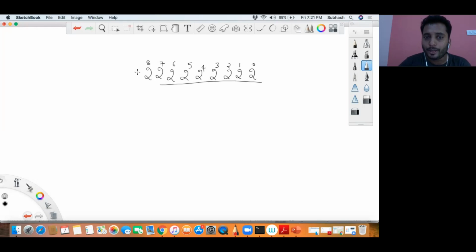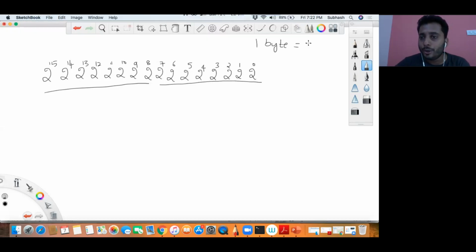2 power 8, 2 power 9, 2 power 10, 2 power 11, 2 power 12, 2 power 13, 2 power 14, and 2 power 15. This makes another byte. See, 0, 1, 2, 3, 4, 5, 6, 7, 8, 9, 10, 11, 12, 13, 14, 15. It means 1 byte is equal to 8 bits, whereas 2 bytes is equal to 16 bits.